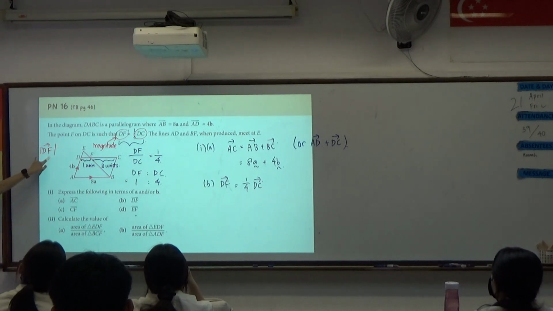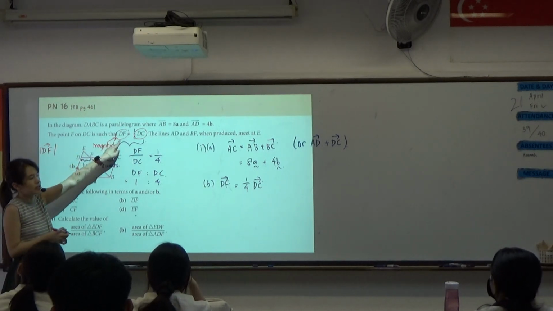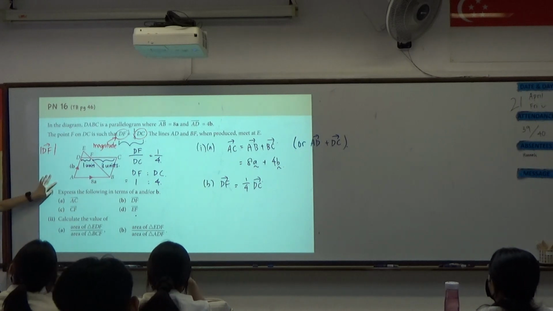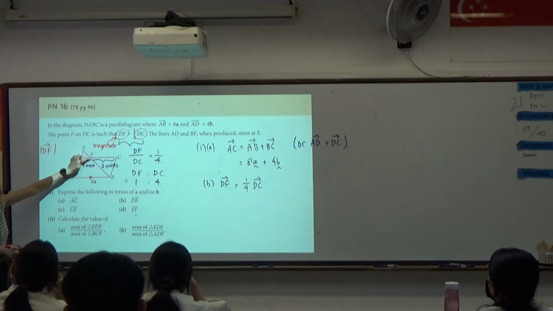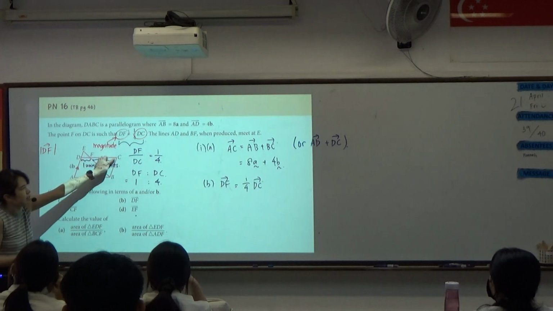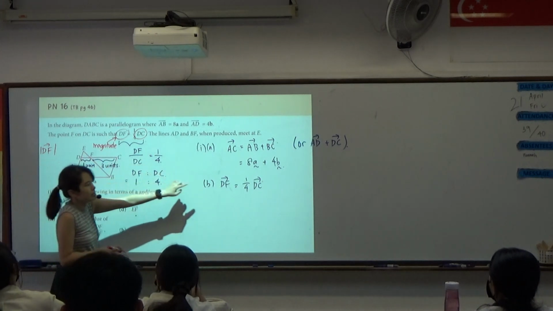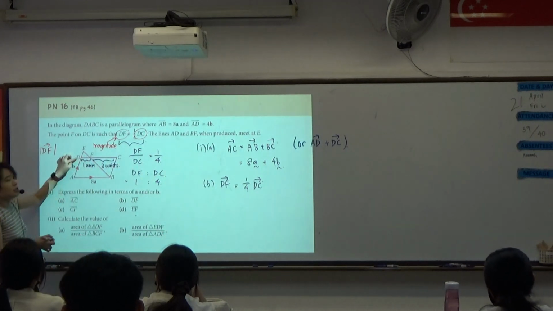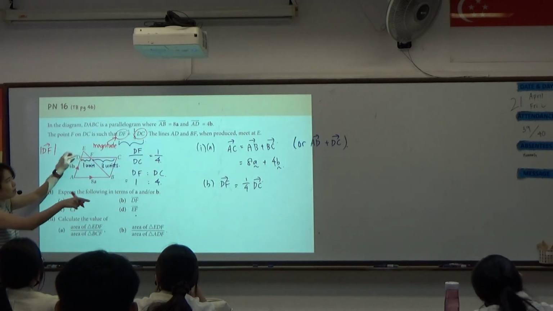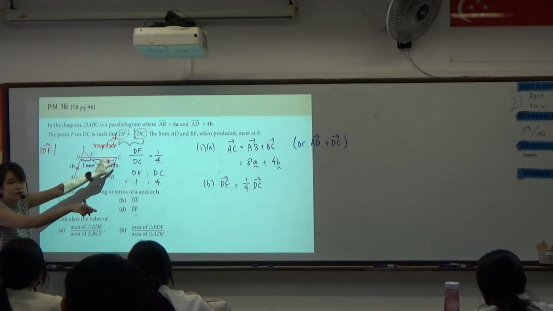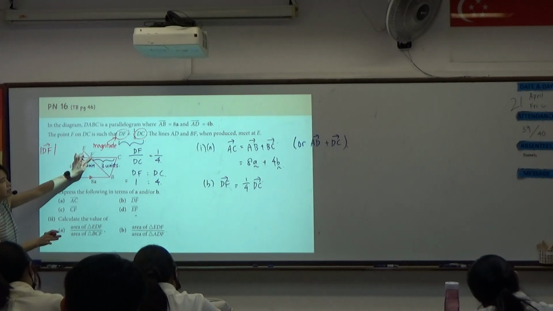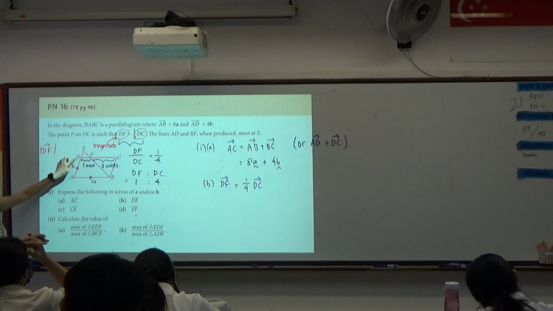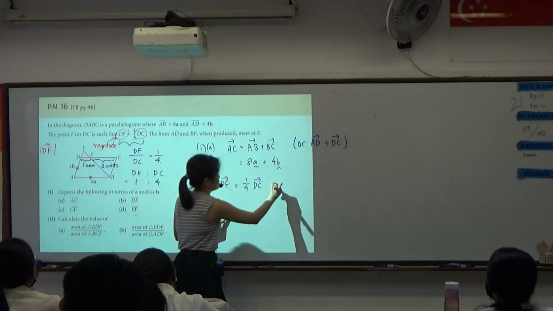So for magnitude, either you write it in this way or you can write it this way. For the vector DF itself, it is 1/4 of DC. We must ensure that when I write this expression in vector form, the direction is the same. From D, DF is going forward and DC is going forward as well. You cannot tell me that DF is equal to 1/4 of CD.